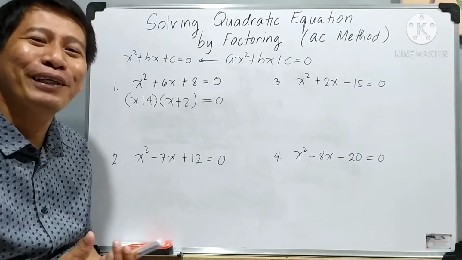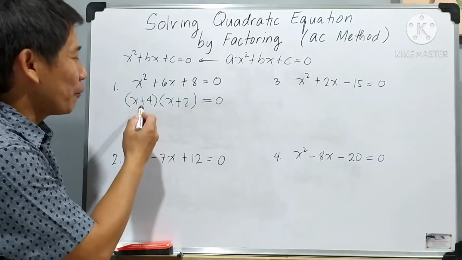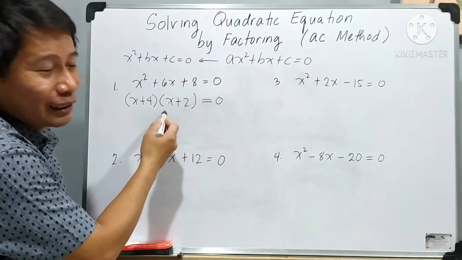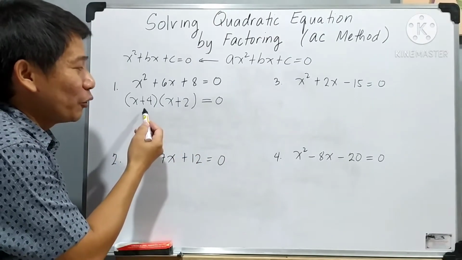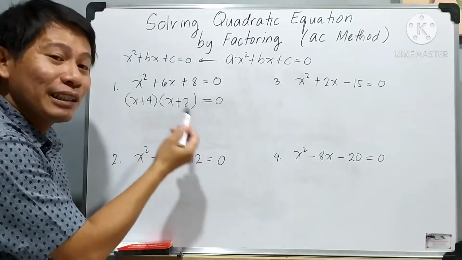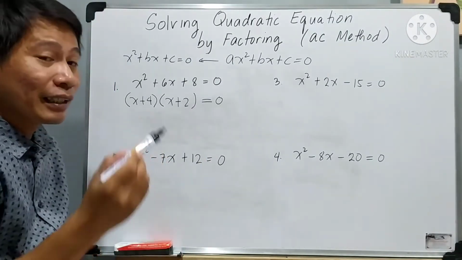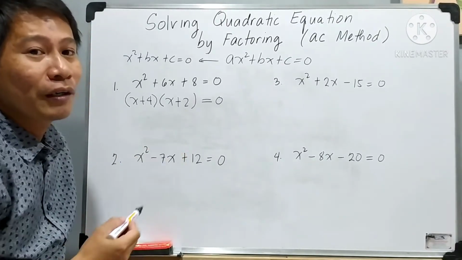So, ano pong ibig sabihin nun? So, simple lang, kung ang product ng dalawang numbers is 0, ibig sabihin, isa doon ay 0 or pwedeng dalawa sila ay 0. So, sa madaling salita, we will just equate this factor or each factor to 0.